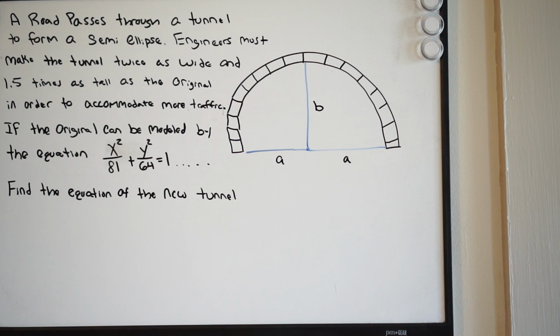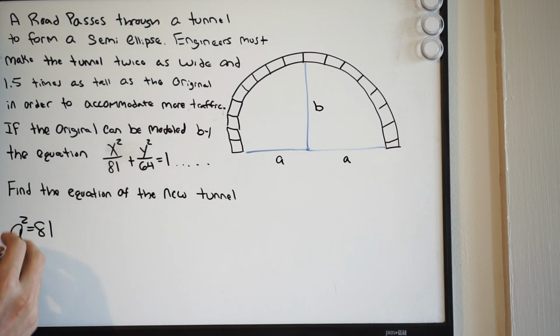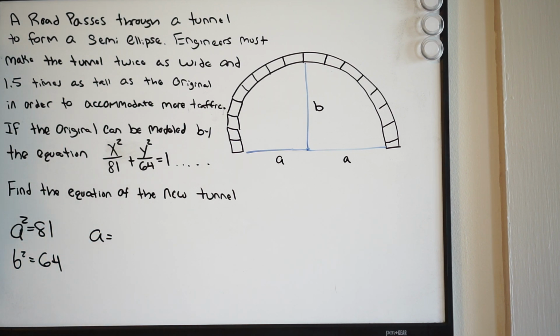And let's talk about what our a and b values are going to be here. So we're saying that 81 is a squared. So for example, a squared equals 81 and b squared is equal to 64. Well, if I just want to find my a and b values, I'm going to take the square root on both sides. So a here is going to be plus or minus 9.